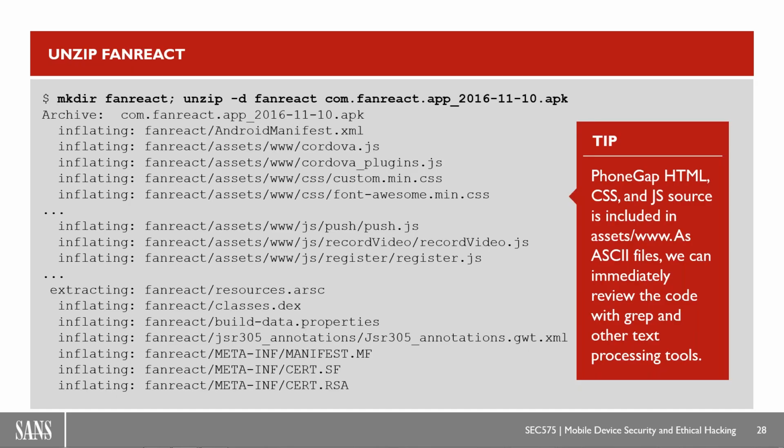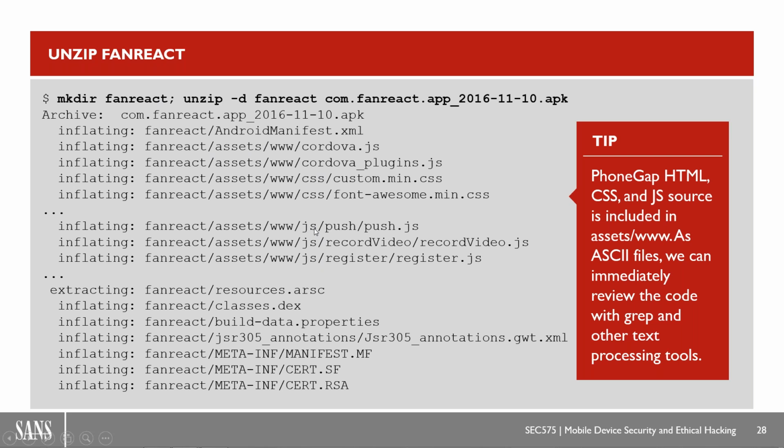So I grabbed the APK file, again from APK Monk here, and I just unzipped it to a temporary directory, and when I unzipped it, you can immediately observe that it's a PhoneGap application, because you'll see things like Cordova. That's the Apache Cordova platform that PhoneGap is based off of. But more importantly, FanRack, that's the temporary directory I made, assets, www, www.css, www JavaScript.